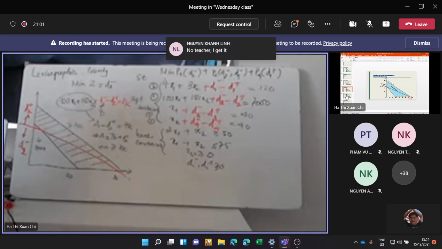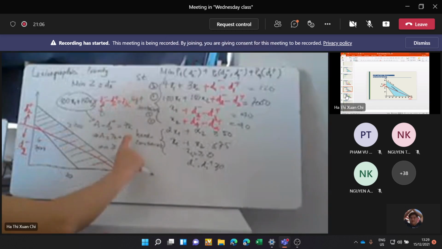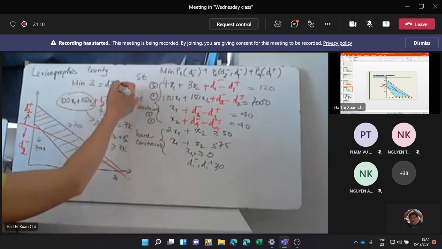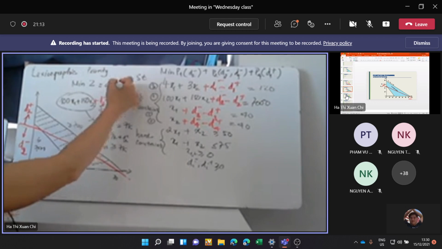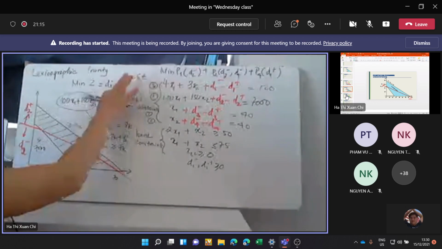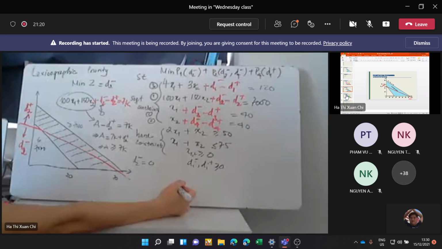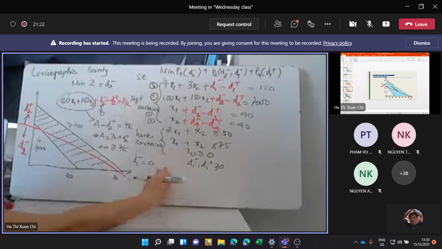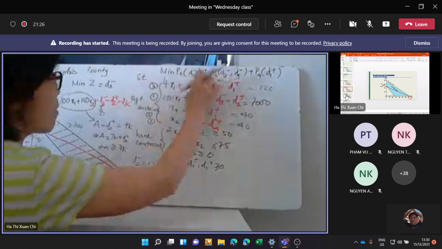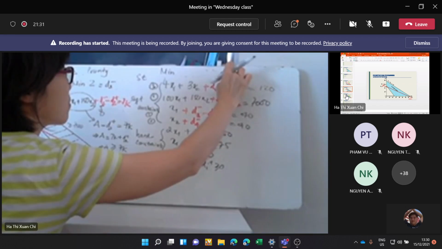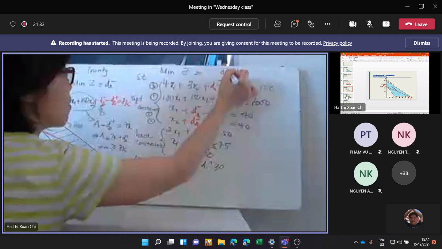Okay. So for the next one, we finish with this one. D2 I get is 0. Minimizing D2 minus, after we solve, we get D2 minus equal to 0. So right now I want to solve the second model. The second model we will minimize here, minus 1, Z will be equal to this one.